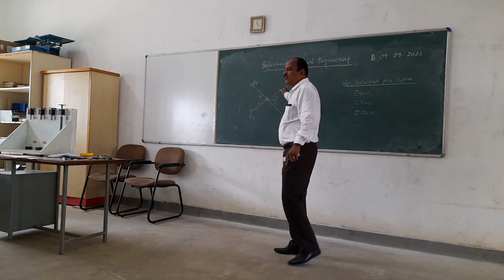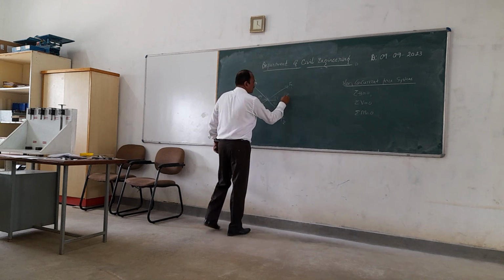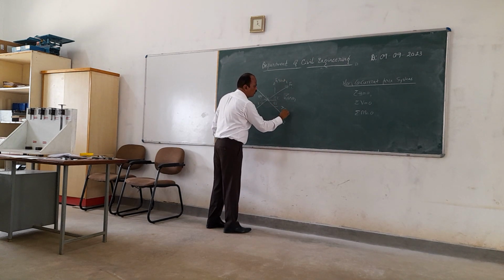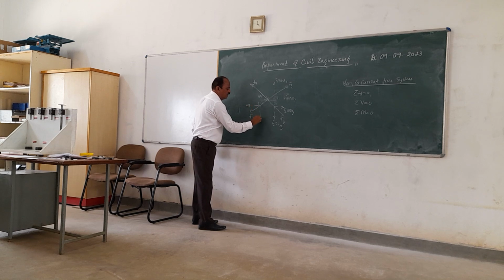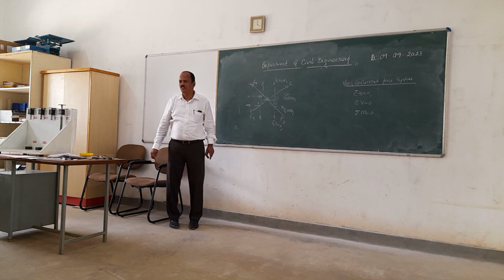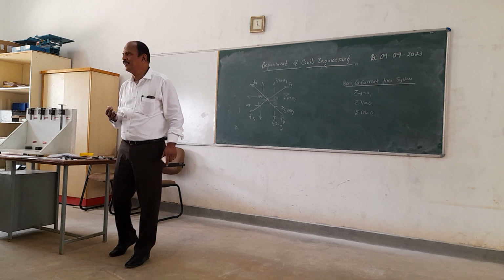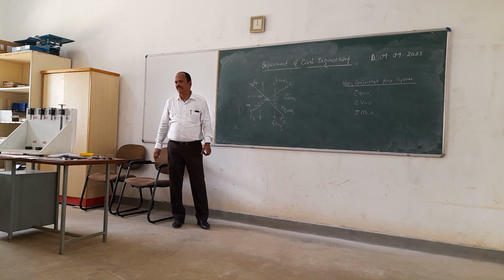Resolve each and every force along the x direction and y direction: F1 cos theta 1, F1 sin theta 1, F2 cos theta 2, F2 sin theta 2, F3 cos theta 3, F3 sin theta 3, and F4 cos theta 4, F4 sin theta 4. The first step is to resolve each force along two mutually perpendicular directions with the proper sign convention.